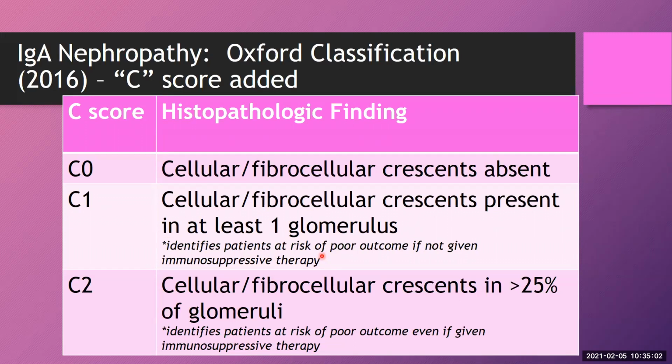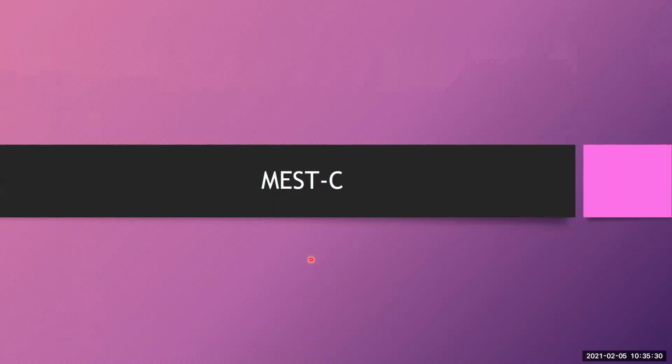They're taking A, the biopsy findings, combining that with B, the known outcome of these patients, and then retrospectively looking back and saying, if these particular findings are seen in the biopsy, this is how the patient does. If the patient is on this particular treatment, this is how they do long term. A lot of statistical number crunching was done, and this is how they came up with this information. So that's your MEST-C score.